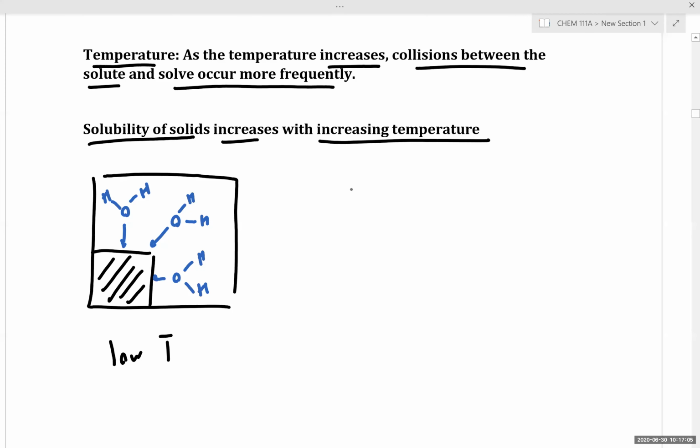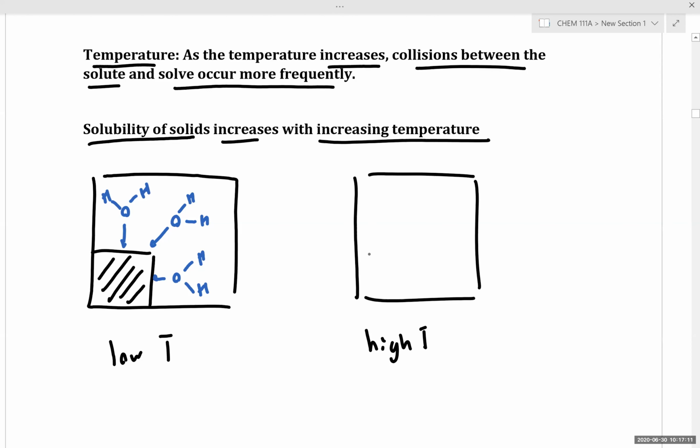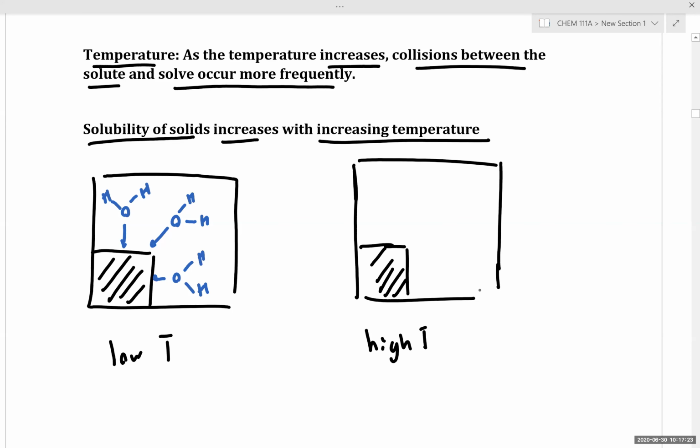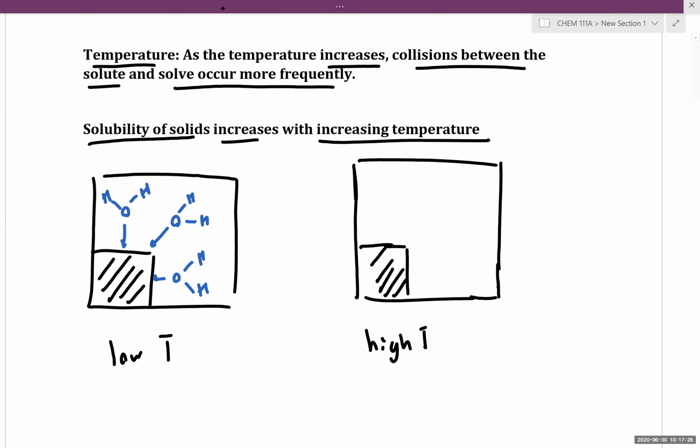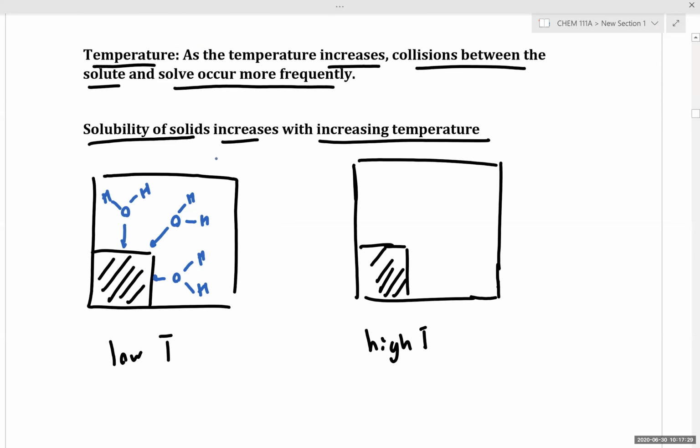So if we compare this low temperature to our high temperature example, the main distinction is that in our high temperature example, we will observe very clearly that more water molecules are impacting our solid, interacting with and trying to dissolve our solid, and they're hitting our solid and engaging in these dissolving interactions at a higher relative velocity.